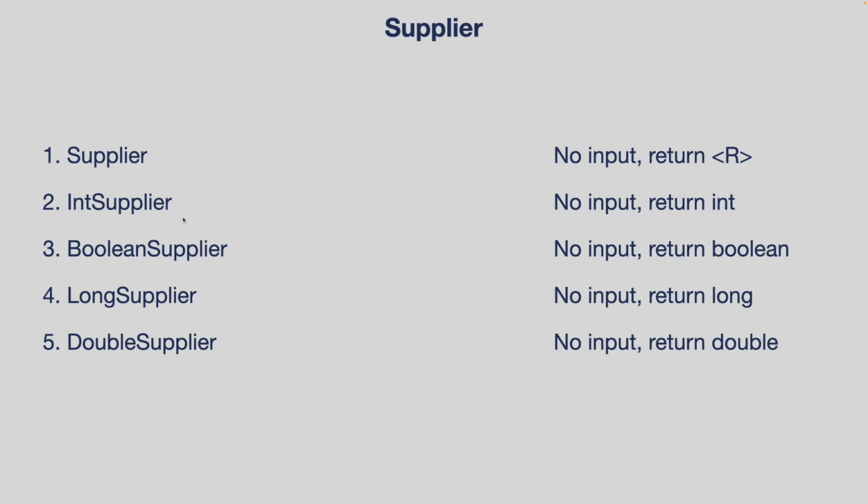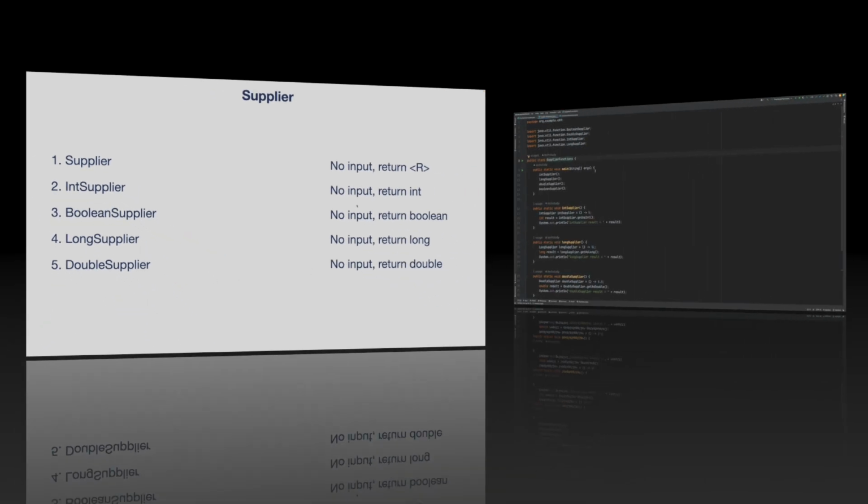Second is the IntSupplier that returns int. Third is the BooleanSupplier that returns boolean as a primitive. Fourth is the LongSupplier that returns long. And fifth is the DoubleSupplier that returns double. So the second, third, fourth and fifth all return the primitive data type, not the wrapper classes.